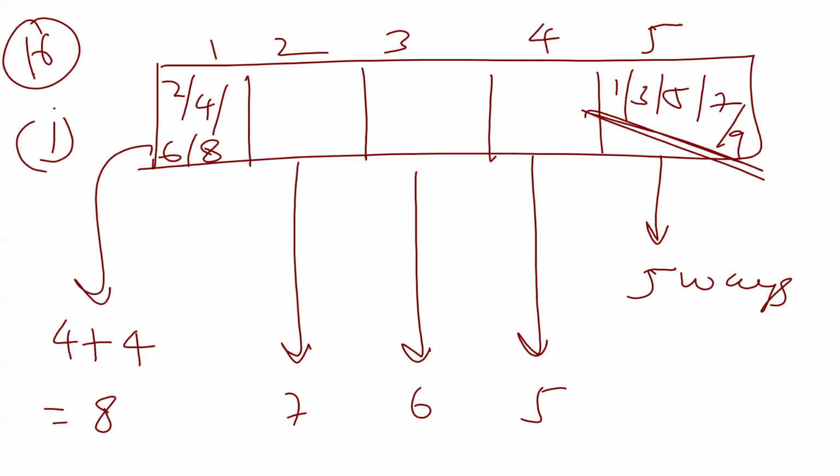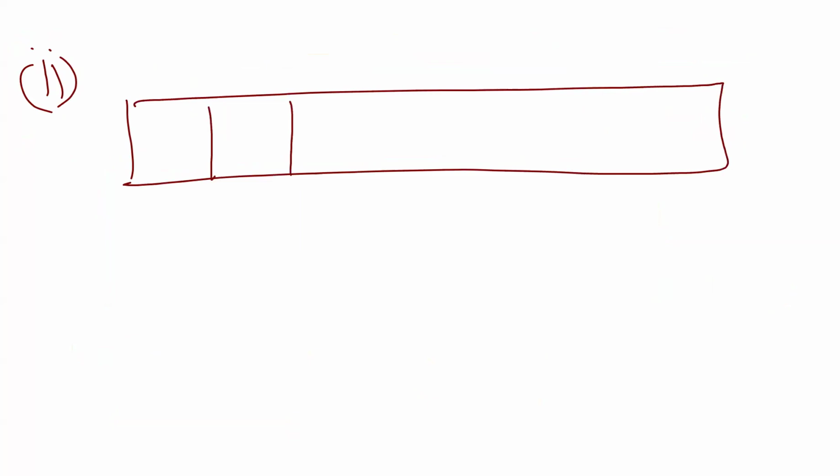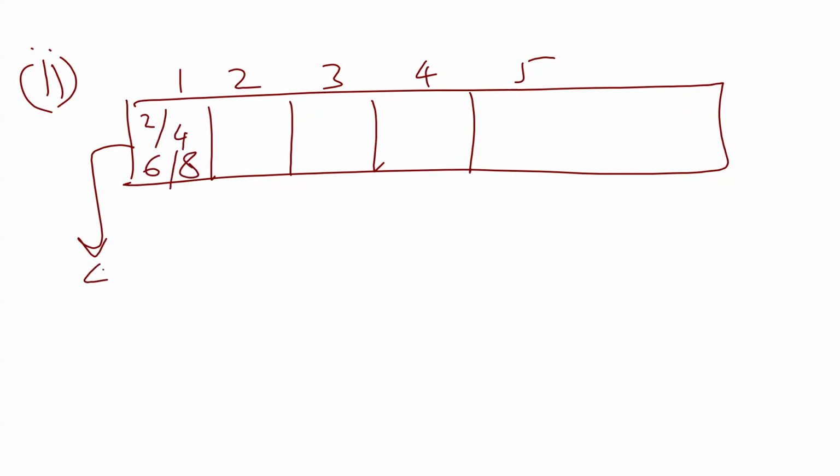Sub question 2. It's a 5-digit number. So the first 2 digits should be even. So this will be 2, 4, 6, or 8, 4 ways.